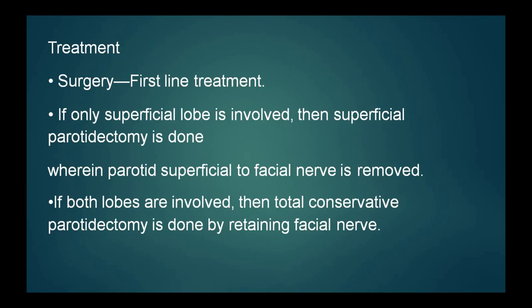First we have to remove the superficial part, then identify the branches of the facial nerve, then retract the branches of the facial nerve, and you can do a deep parotidectomy. So in total conservative parotidectomy, we remove the superficial lobe of the parotid gland, then by retracting the nerves of the facial nerve, we can remove the deep lobe of the parotid gland also. That is known as total conservative parotidectomy.